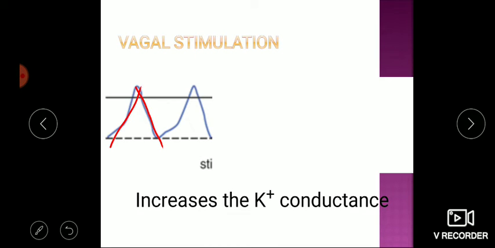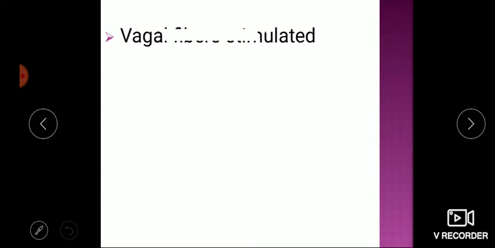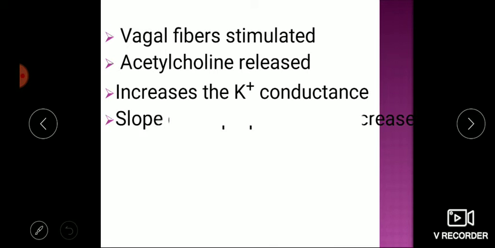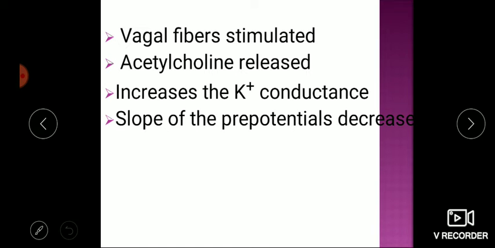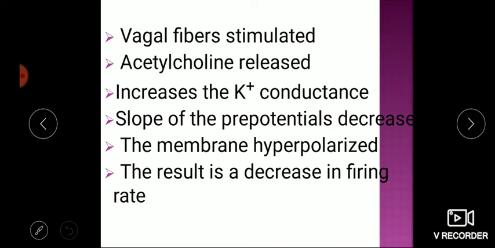Now if there is increased conductance of potassium, what will happen? This slows the change. So this is the effect of vagus stimulation. Acetylcholine is released, potassium conductance increases, the slope of the prepotential decreases, the membrane is hyperpolarized, resulting in a decrease in firing rate.